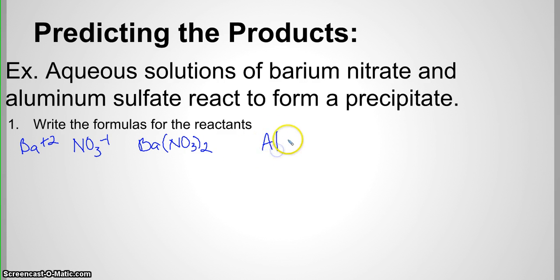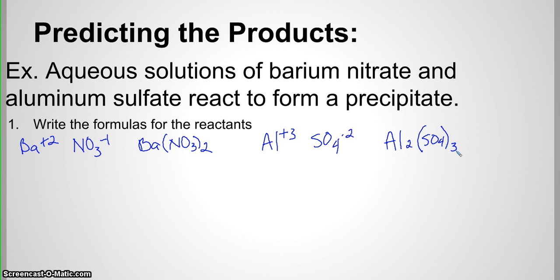Aluminum, look at your periodic table, has a charge of +3. Sulfate is one of our polyatomic ions that we all have memorized, SO4 -2. For them to bond with each other, we would have to have 2 aluminums and 3 sulfates to make Al2(SO4)3. All right, so those are our reactants.